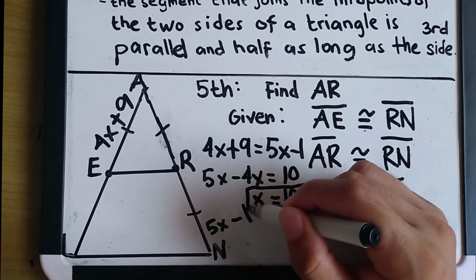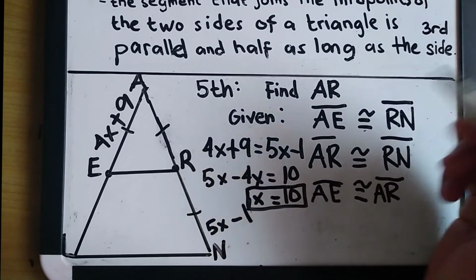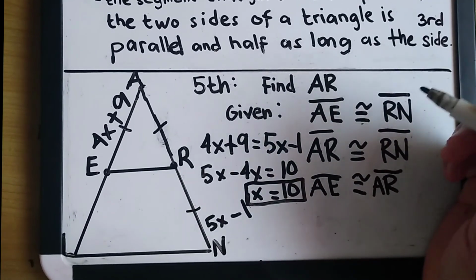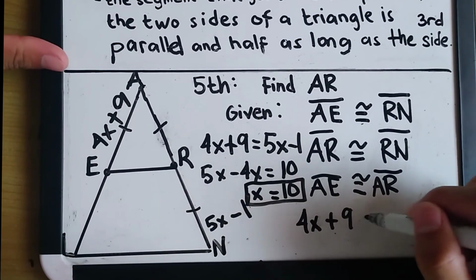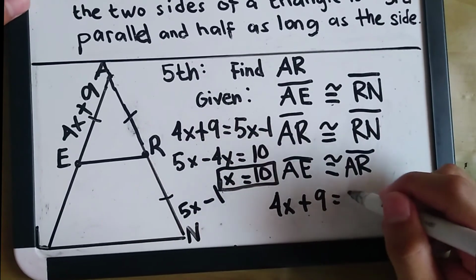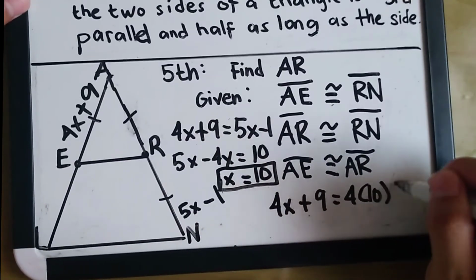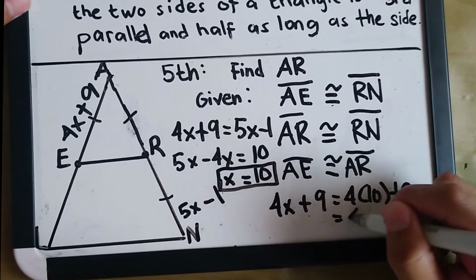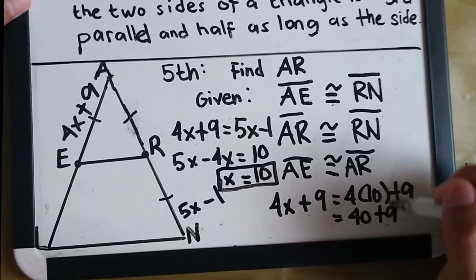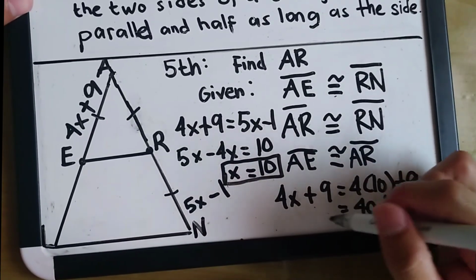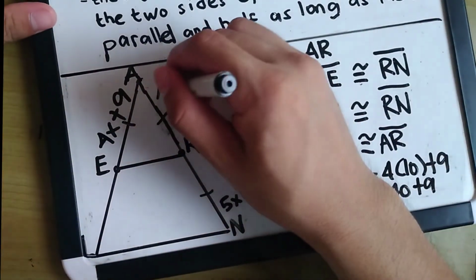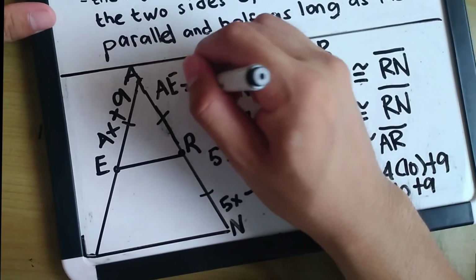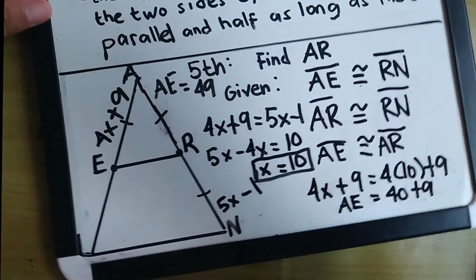We can now substitute 10 to 4x plus 9. 4x plus 9 is equal to 4 times 10 plus 9. 40 plus 9 is equal to 49. So our side AE is equal to 49.